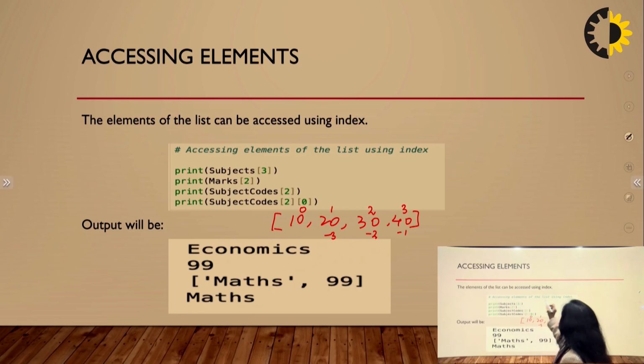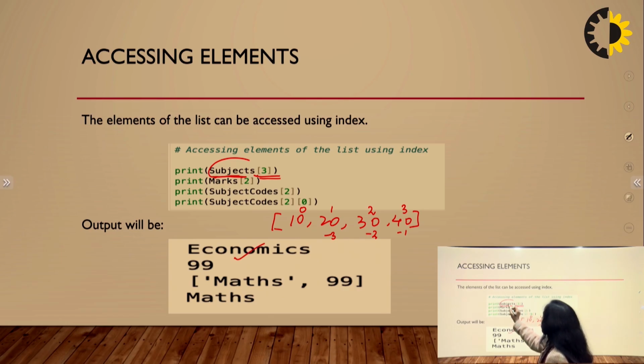Now, how to access the elements in the positive way. Suppose we want to print subject 3. Earlier we noticed that in this list of subjects, we had 4 different subjects. In the previous slide, you can go there and see. The third one was economics.